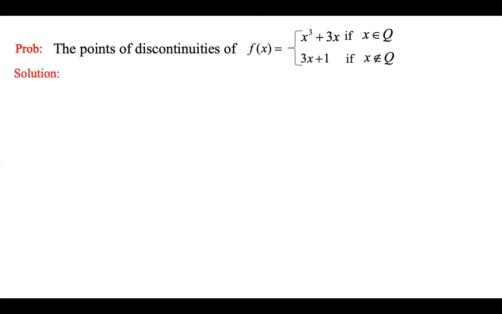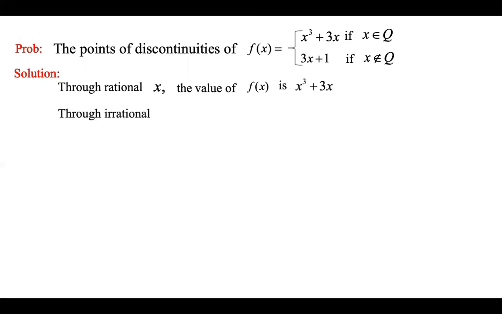So we are supposed to check this function's continuity or discontinuity at the different points. We observe that through rational x, the function value is taken by the formula x cube plus 3x, and through irrational values of x, the function is taken by the values 3x plus 1.